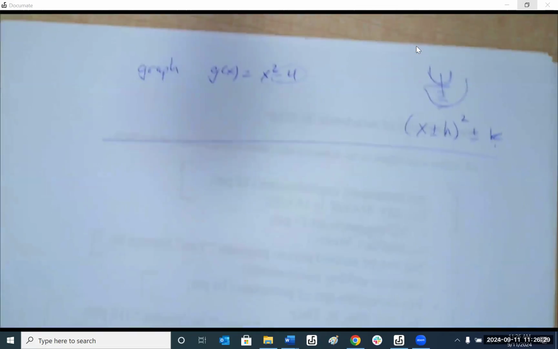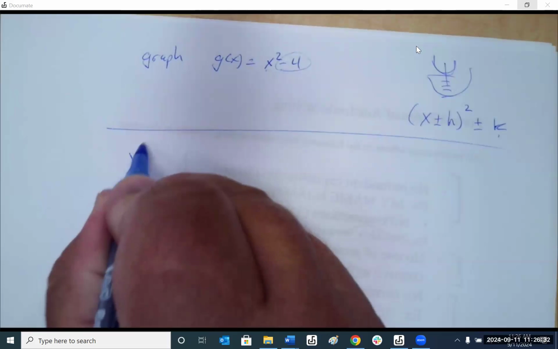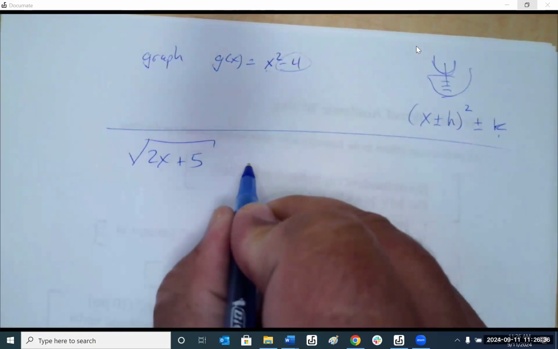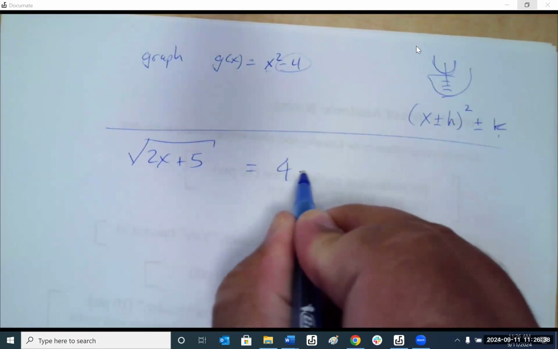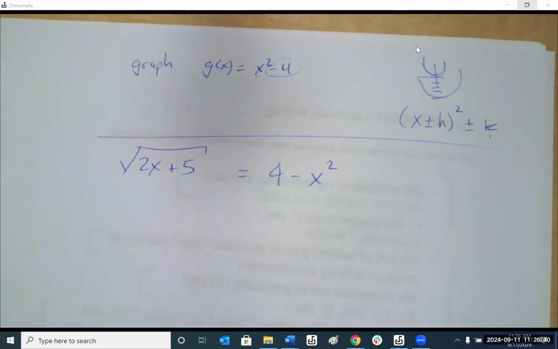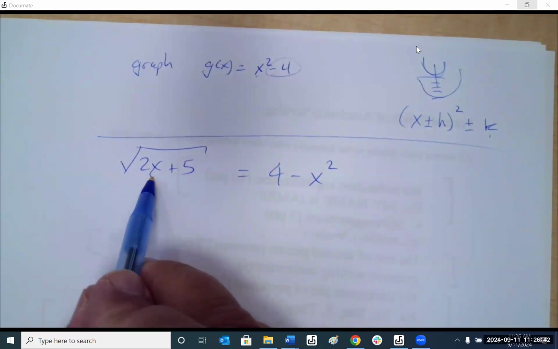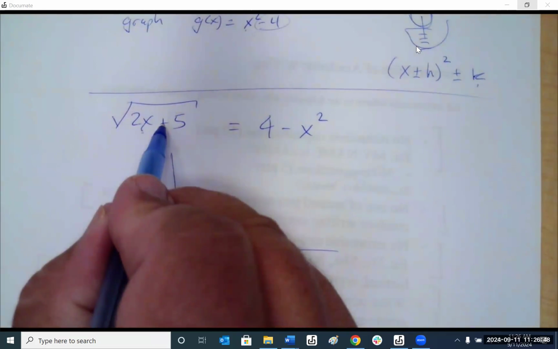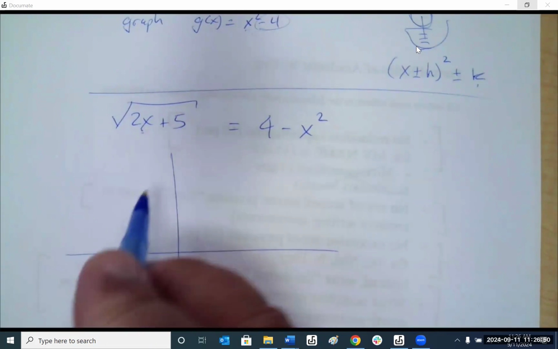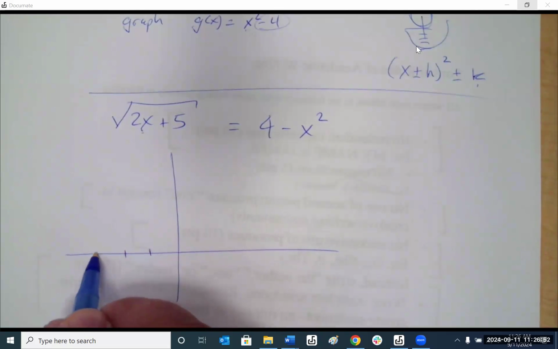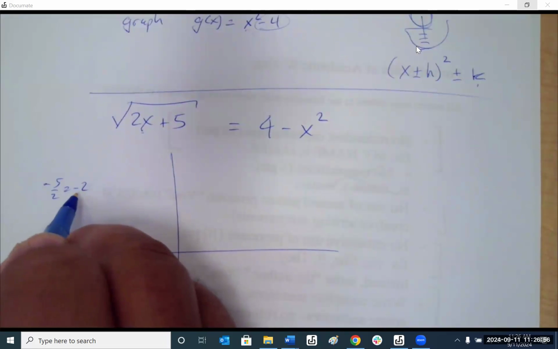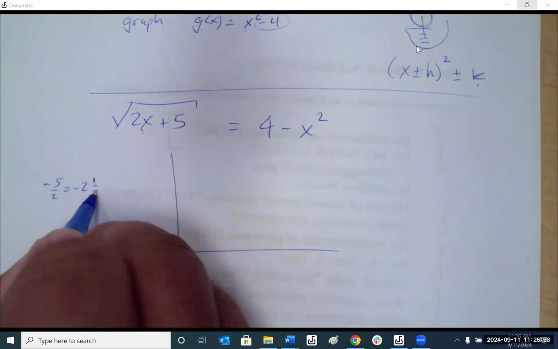So we have the square root of 2x plus 5 is equal to 4 minus x squared. This one looks like what? It's a radical, so we shifted over -5/2, which is -2 1/2.